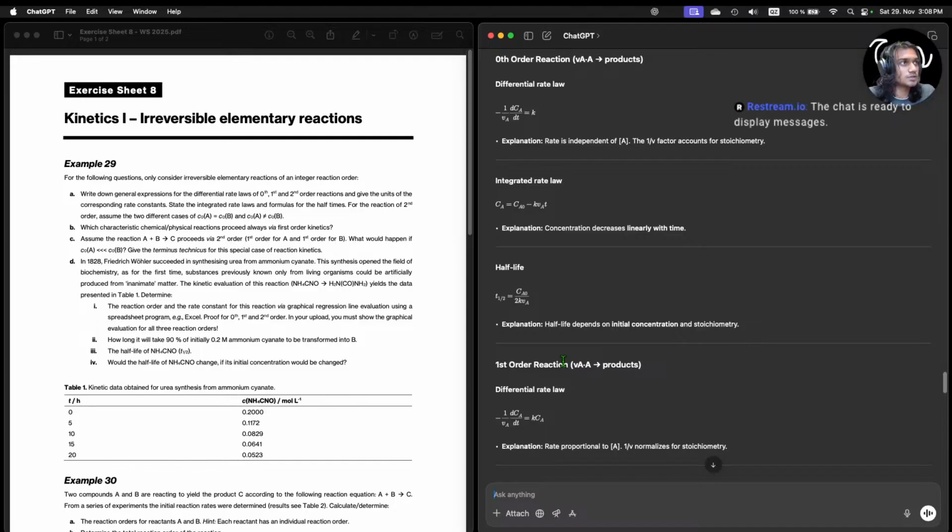Half-life equals concentration of A0 divided by 2k.